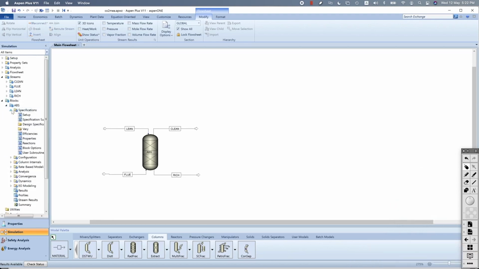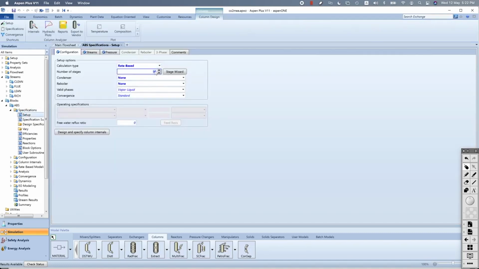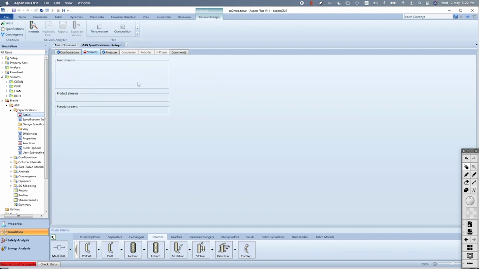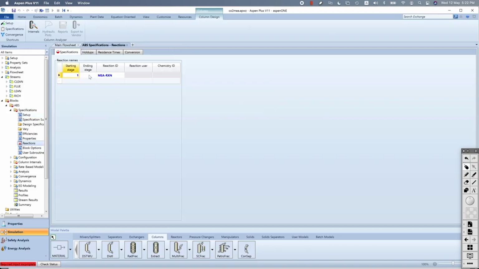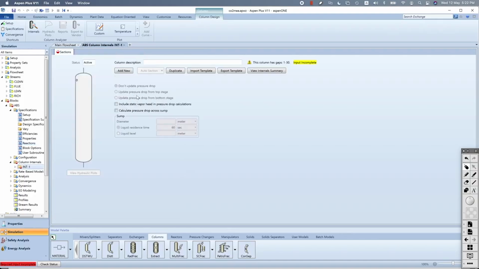So the purpose of the 90 stage column is over. We have done the analysis. Now we shall go back to the 30 stage column. Why? Because unnecessarily it is not wise to carry on with a 90 stage column, because it will take a lot of computational effort, and for each and every run there is no need to put such a computational load on the computer and increase the time of convergence.